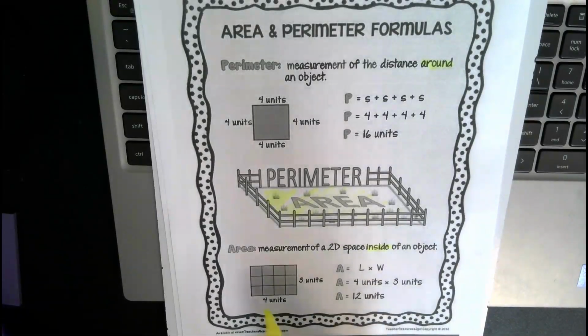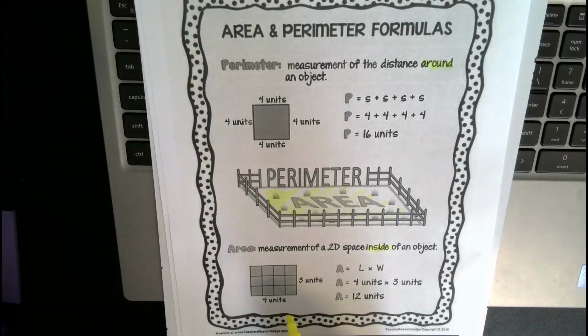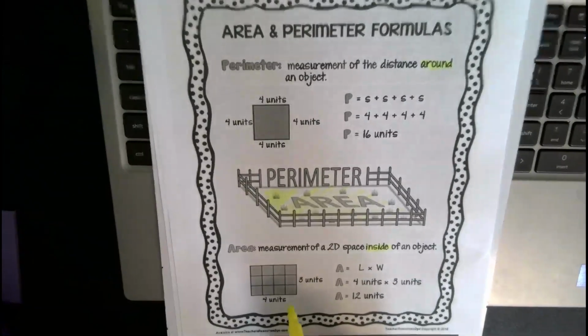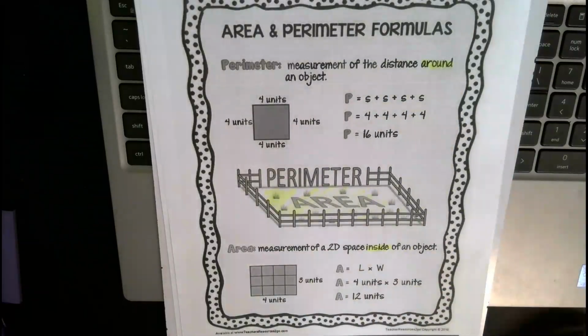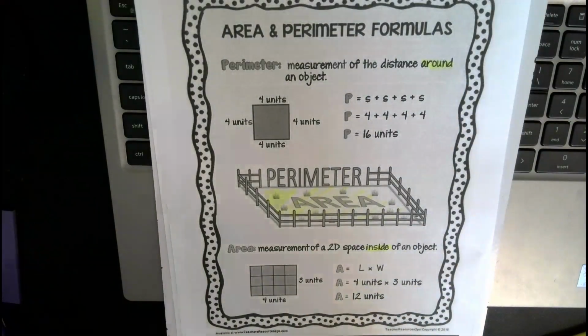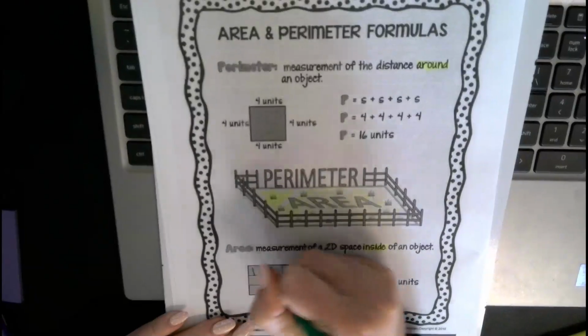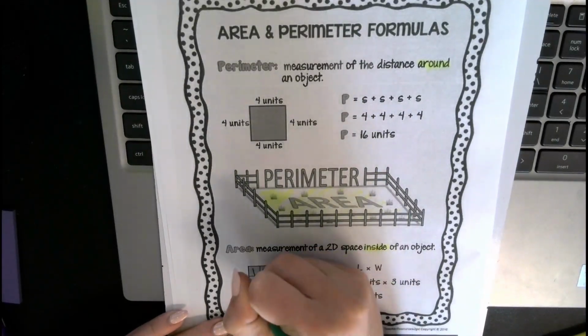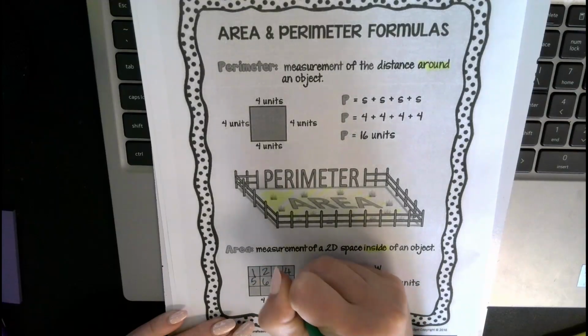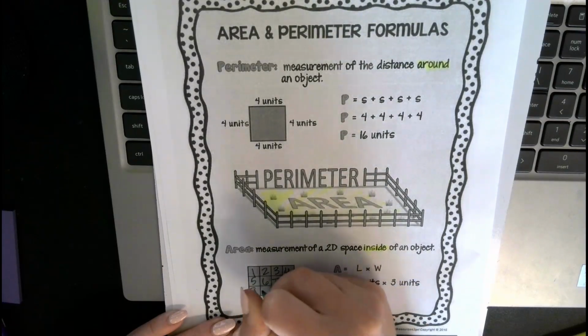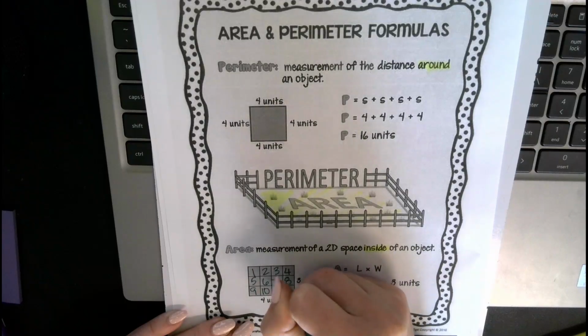So look. If I want to know the area of the units inside this rectangle, I could easily count 1, 2, 3, 4, 5, 6, 7, 8, 9, 10, 11, 12.